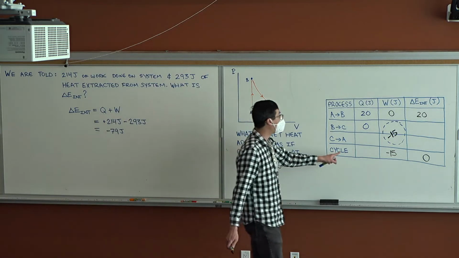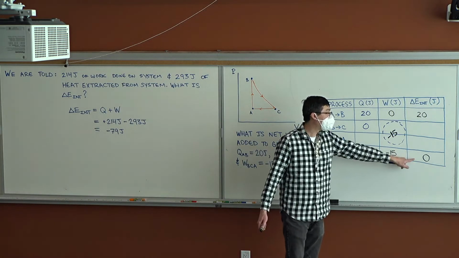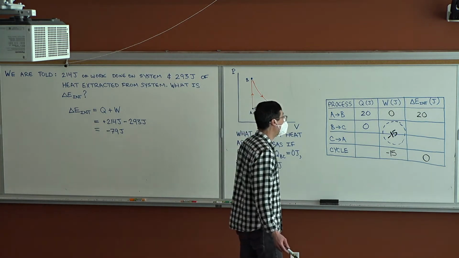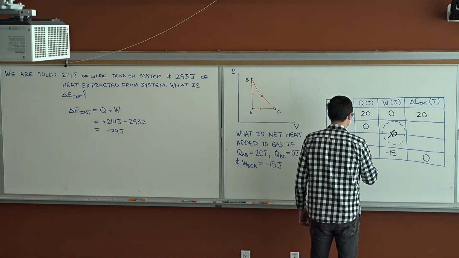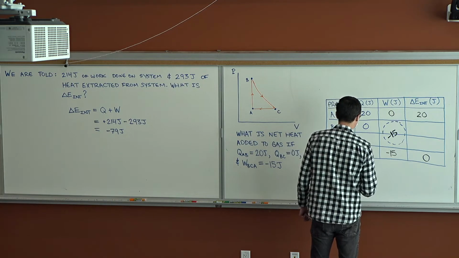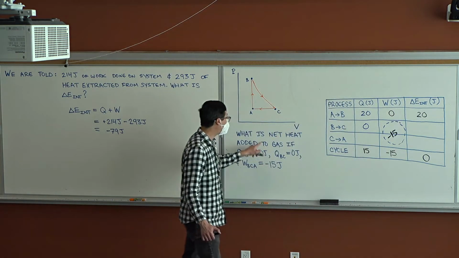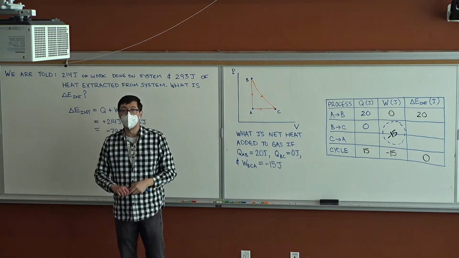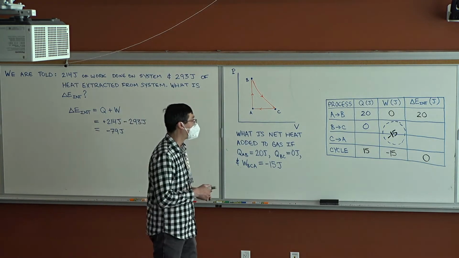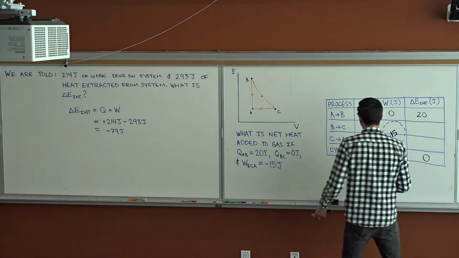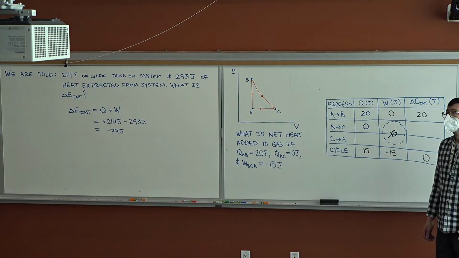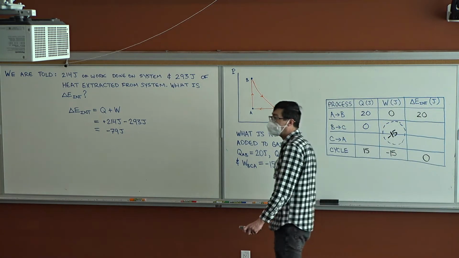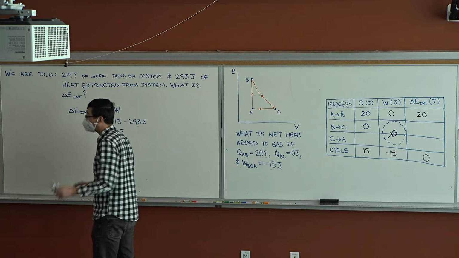But I also know that for the cycle, Q plus W has to equal delta E internal. And so that tells me that 15 joules of heat are added over the course of this cycle. So there's some other stuff here that we didn't fill in, but to solve this question, we didn't need to. Is that all right? Okay.